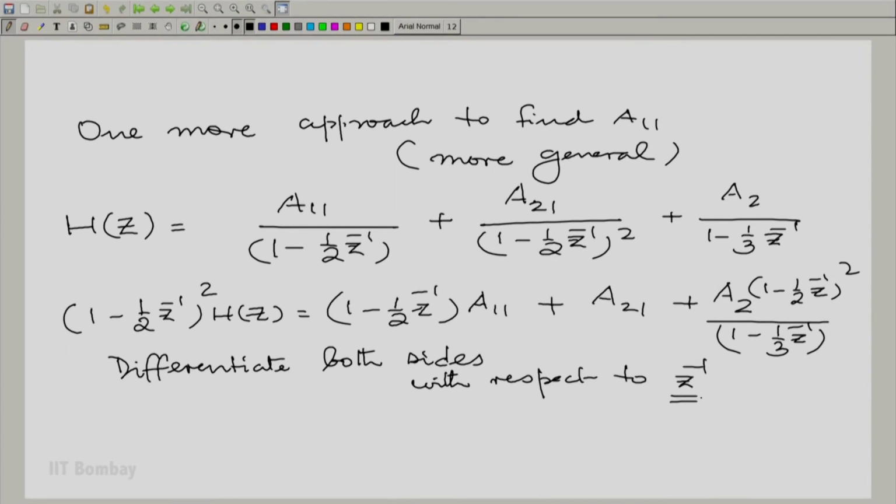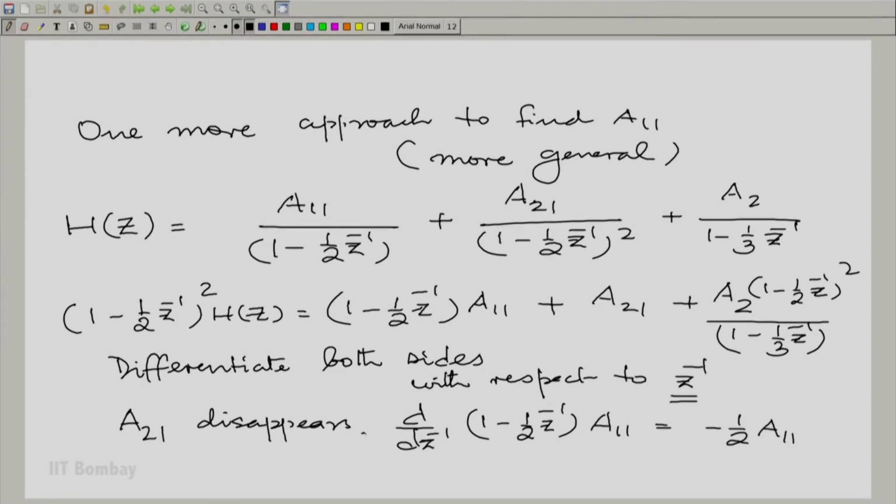So, treat Z inverse as a variable here. And now, when you do that, A21 disappears, and d by dZ inverse of (1 minus half Z inverse) into A11 is minus half A11.